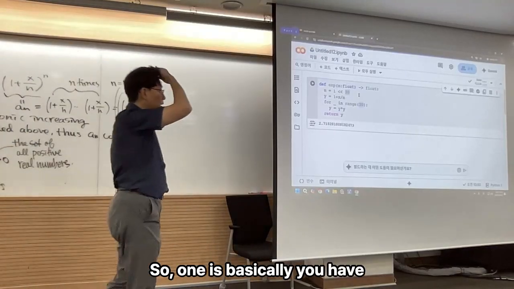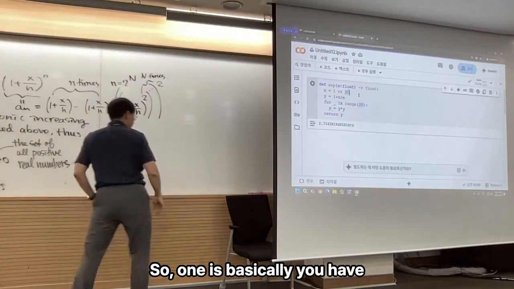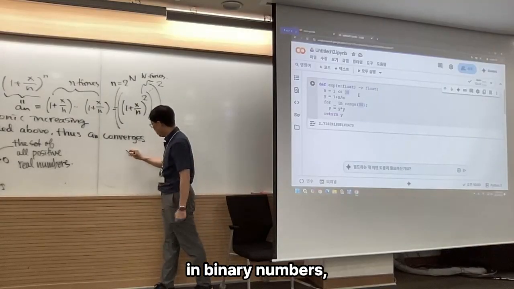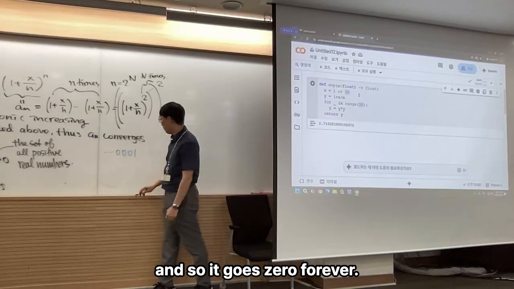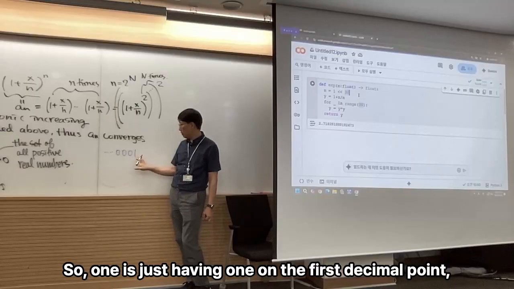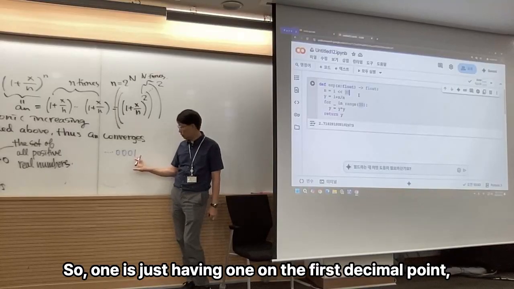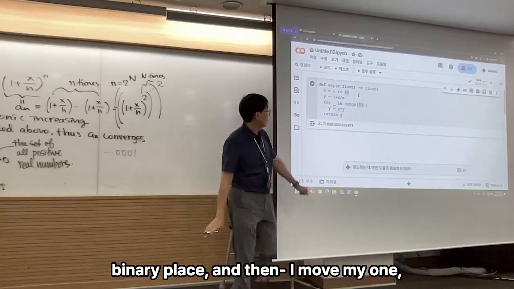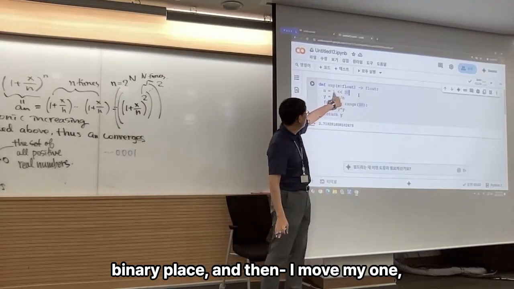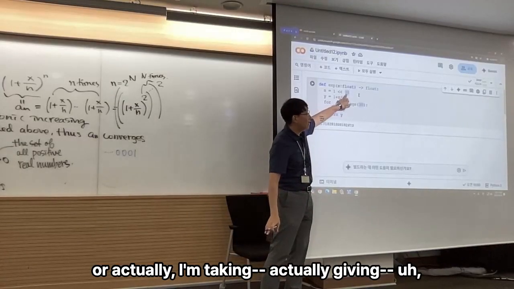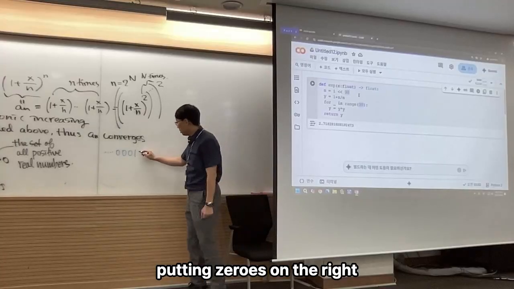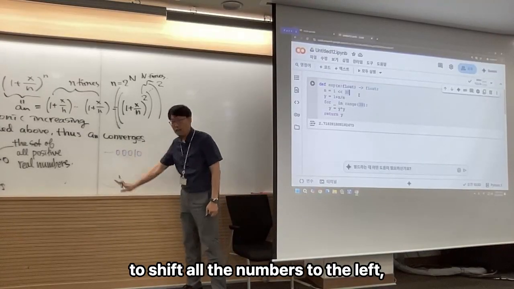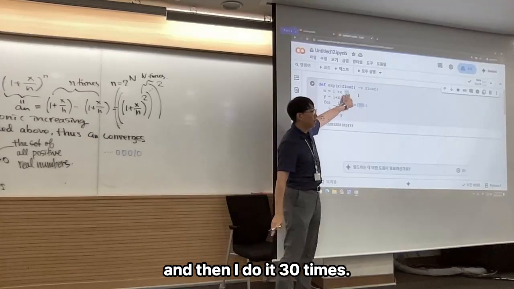So 1 is just having 1 on the first binary place, and then I put zeros on the right to shift all the digits to the left, and I do it 30 times.